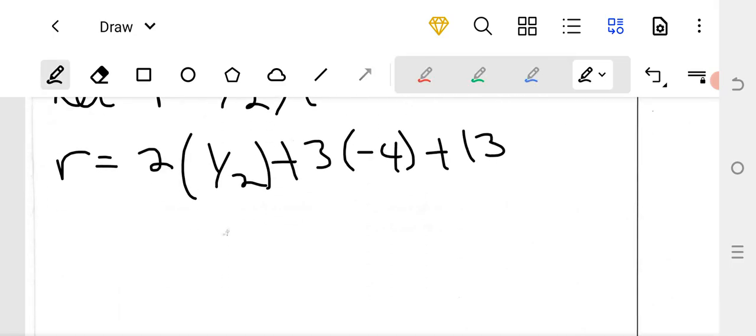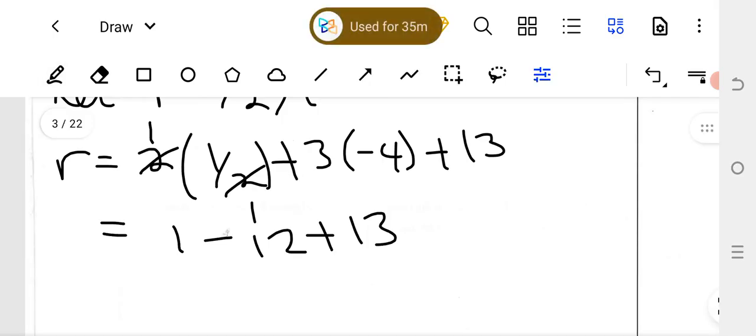Okay, let me just simplify here. So 2 goes into itself 1, it's going to give you 1. So 1 minus 3 multiplied by 4 is 12, then plus 13.